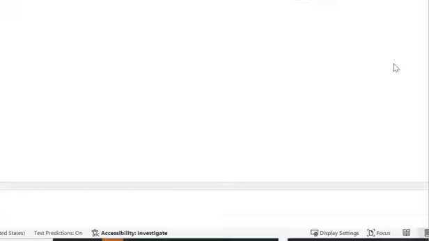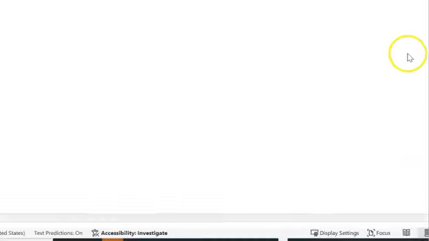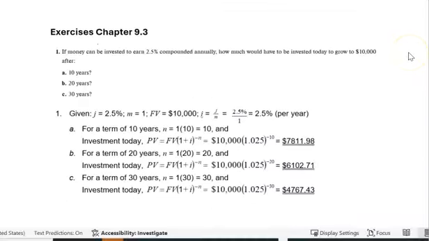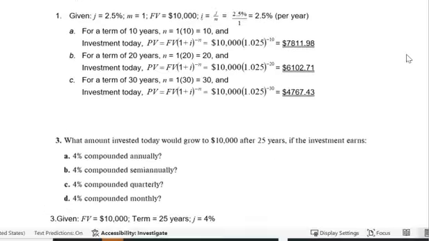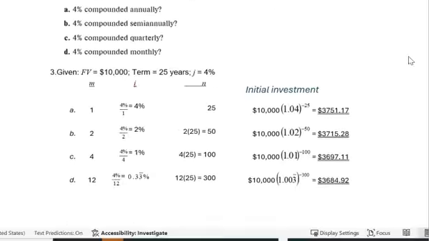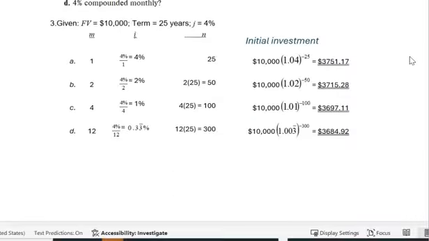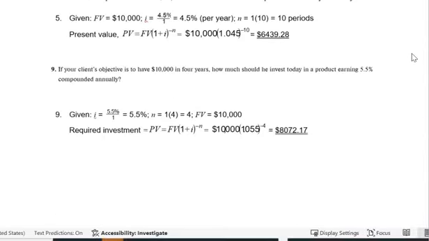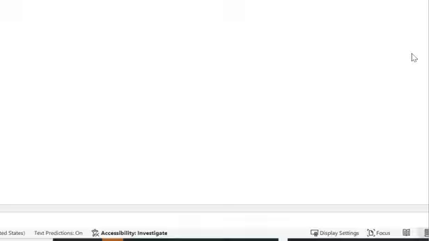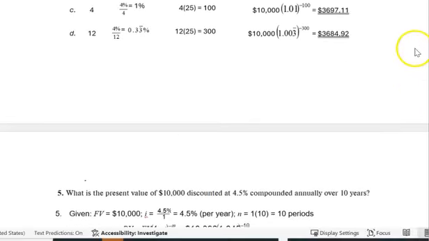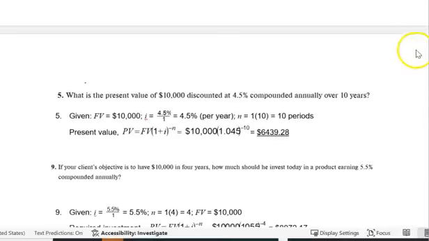Okay, so now if we go down a little bit further into the 7.3, we're going to see a very similar one. Let me see, where is it? Yeah, we're going to go back up. So for this one here, what is the present value of 10,000?